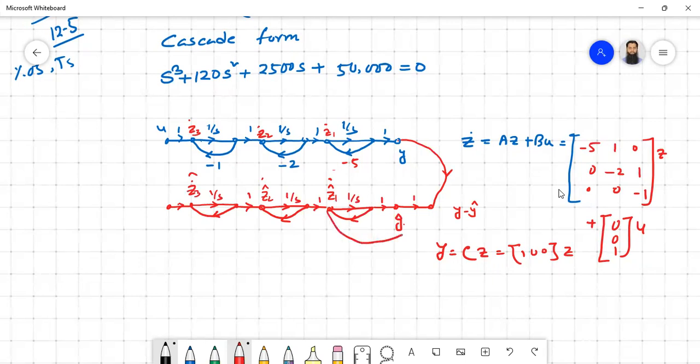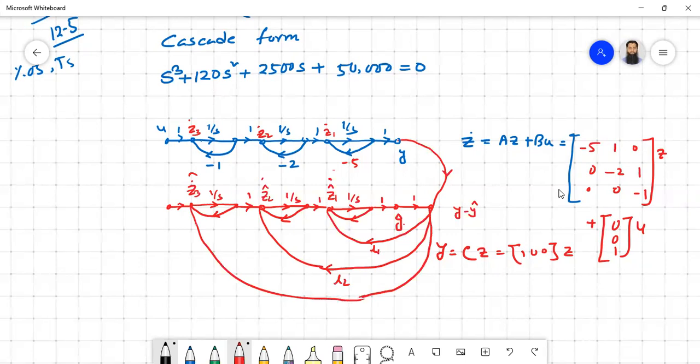So this will be our L1, this will be our L2, and this will be our L3. Our objective is to find these values.